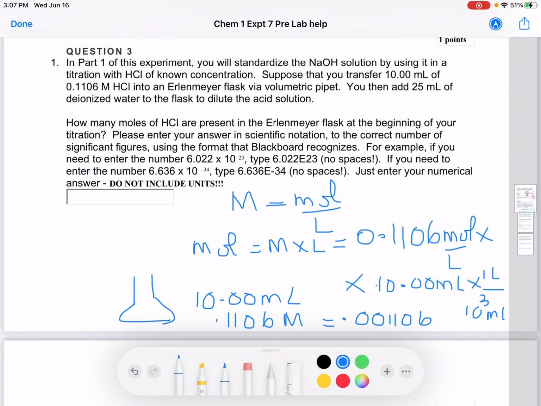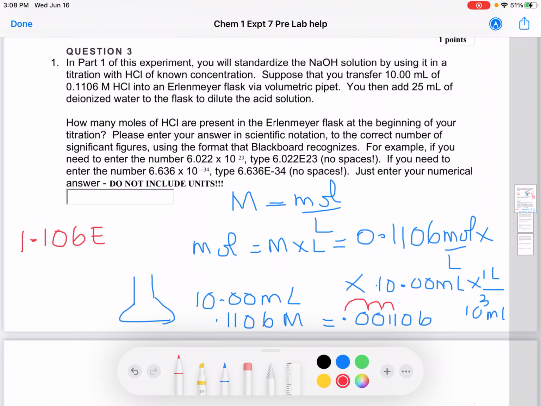And if you need to enter the number, let's say you want to enter this in scientific notation, so you move the decimal 1, 2, 3. You're moving it 3 times, so that would make it 1.106, and then you put your E. If you move it to the right, is it going to be positive or negative?